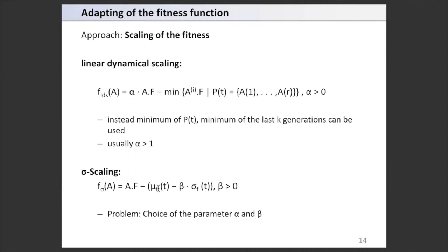These are calculated at iteration t, and this difference is subtracted from the fitness of the individual, and the standard deviation adapted scaled fitness value is calculated in this way. Here the problem, also for the linear dynamic scaling, is the choice of the parameters alpha and beta.